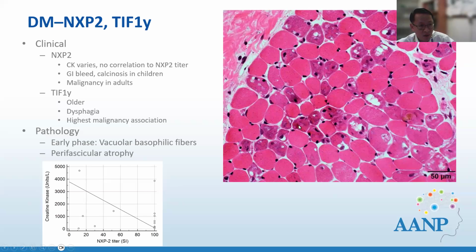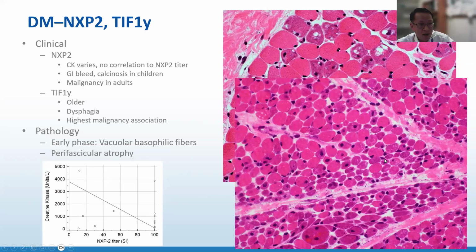You can see a lot of these fibers are basophilic compared to normal fibers, and a lot of vacuoles forming in these fibers. This is typically at the very early onset of disease, and you don't see a good formation of perifascicular atrophy yet. As the disease goes on a little bit more, you can see a perifascicular atrophy pattern develop that usually spans the full length of the fascicles.